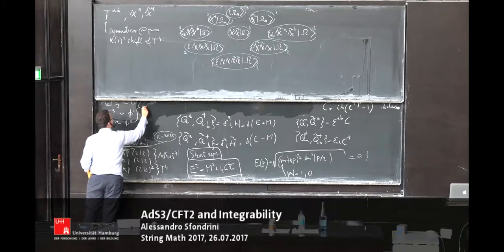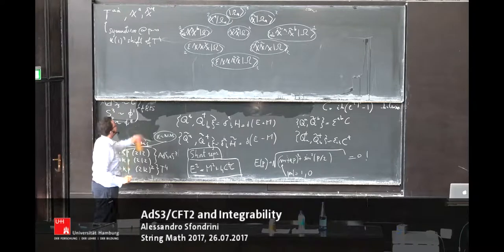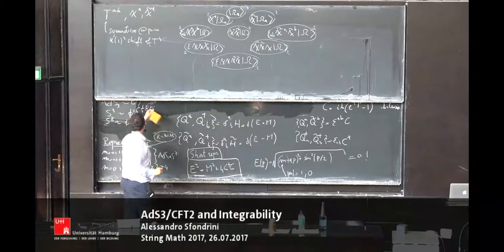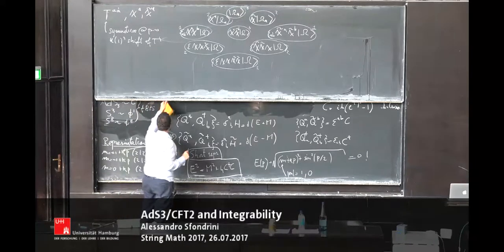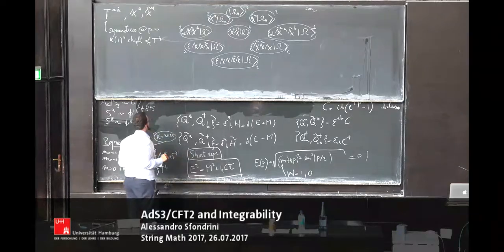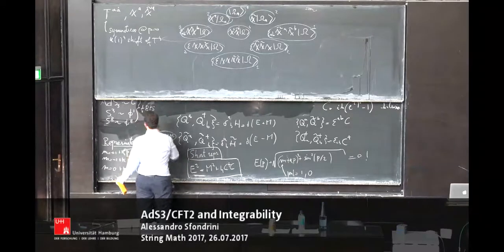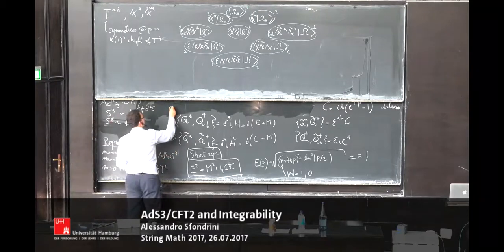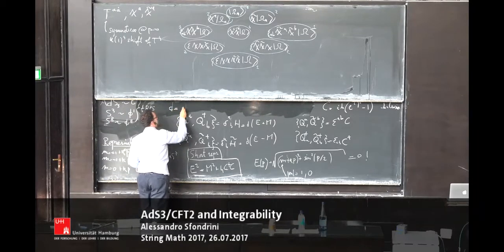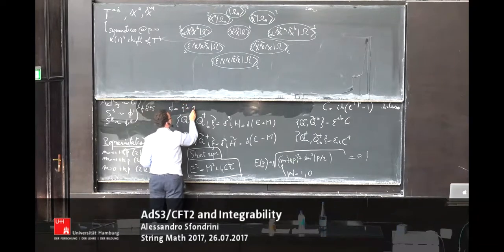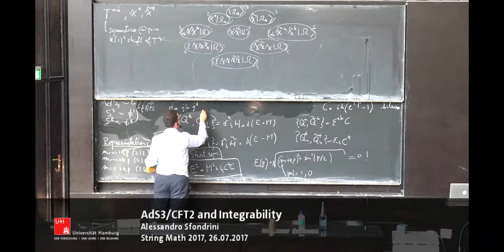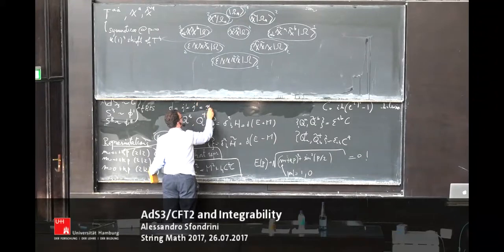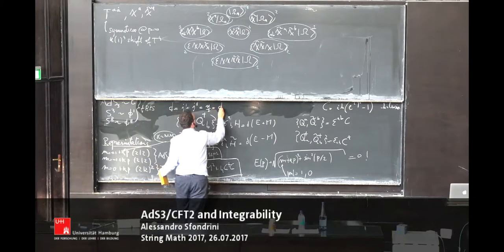And the resulting string solution will be 1/4 BPS. And it will be labeled by the energy and by 2 Cartans, which are 2 SU(2) labels. And this particular solution, which is the most supersymmetric that you can get, will have D equals J prime, which is one of the 2 SU(2)s, equals J double prime for the left, equals n over 2, and the same thing in the right.